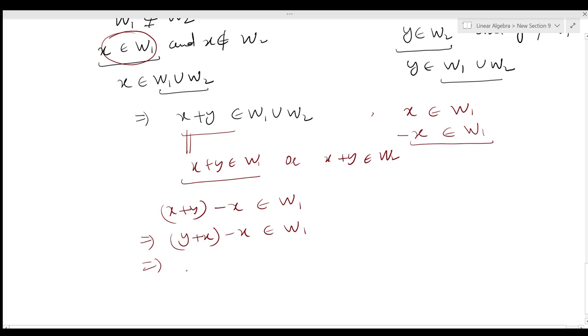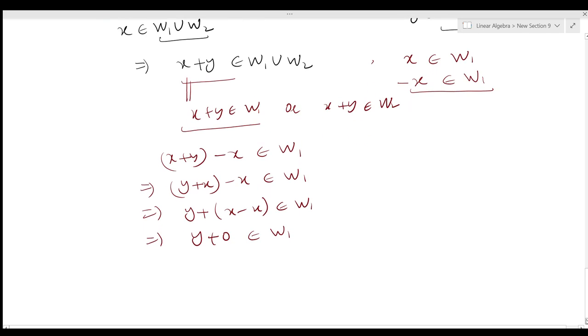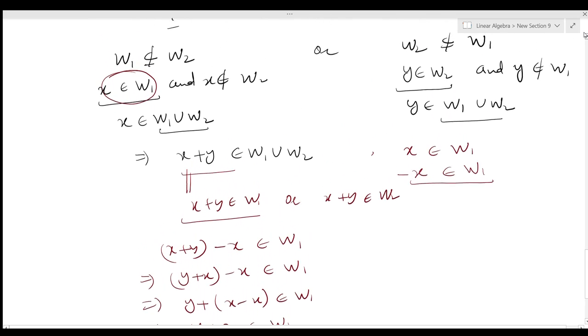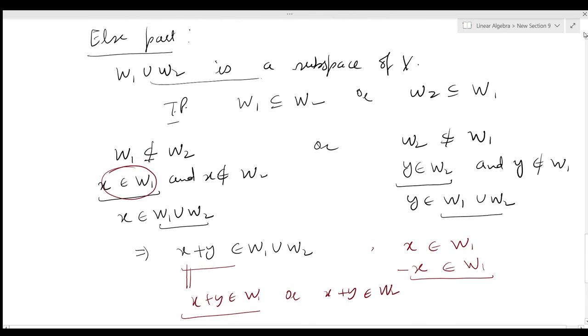Now by associativity and additive inverse, we can write this as y plus 0, as the 0 element is in W1 because W1 is a subspace. So y plus 0, which is y, belongs to W1. But from the above condition, your y does not belong to W1.